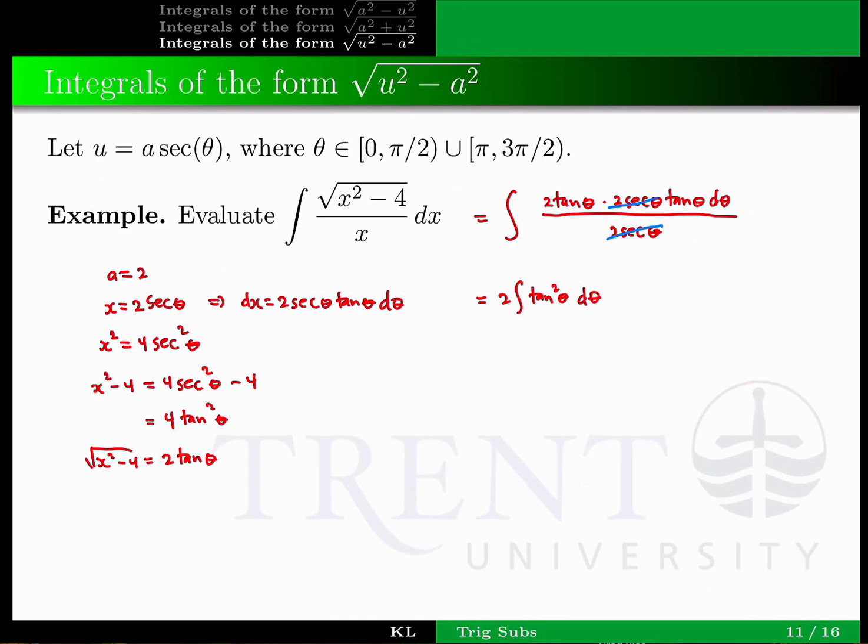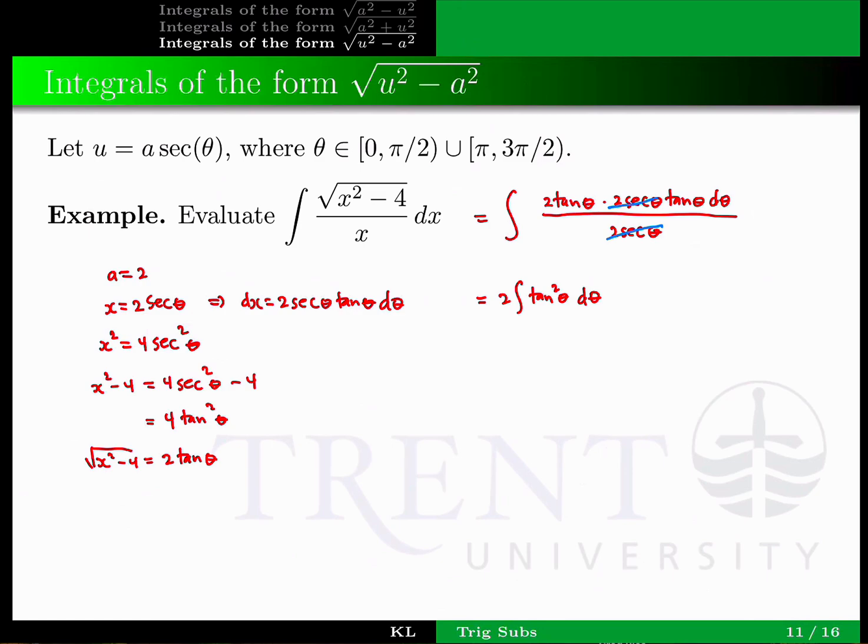The power of tangent is even, and our technique is to convert everything in terms of secant. Well, the power of secant here is 0, which is also an even number, but you can use the technique for secant squared, but I think it will be much longer.